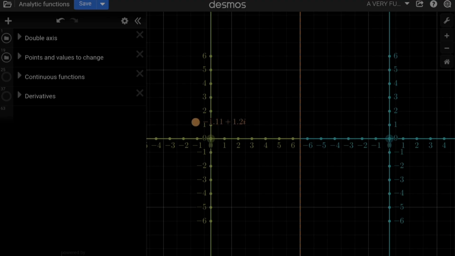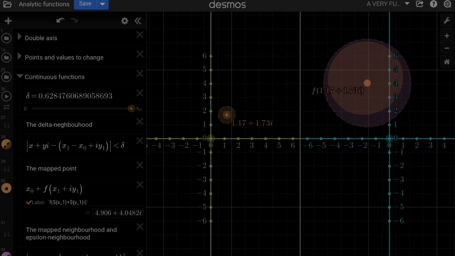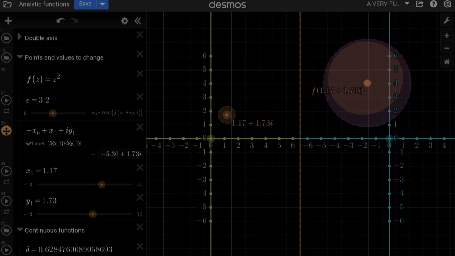Let's say that we have some point in our space. Let's see if the function, here we have z squared, is indeed continuous. So, do you remember? Here is a point, and the value that the point is mapped to.